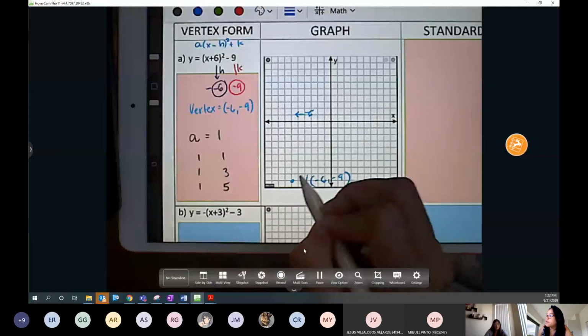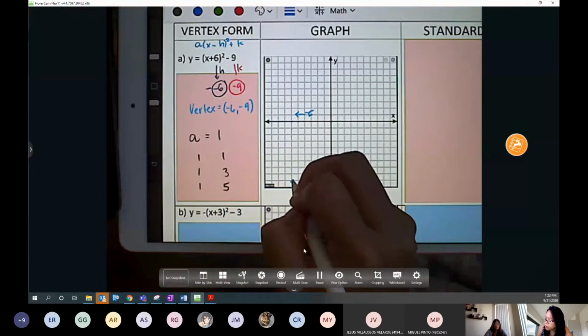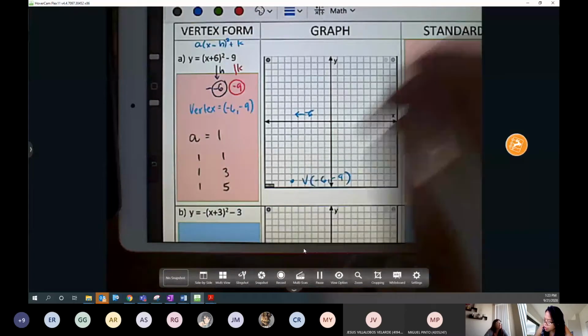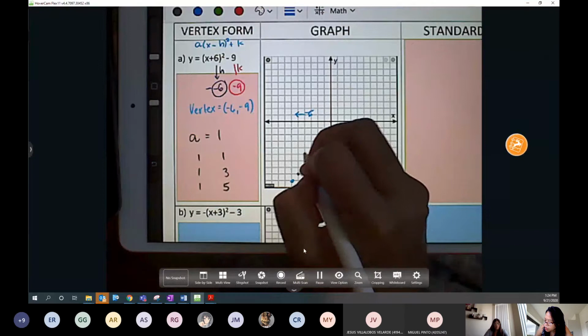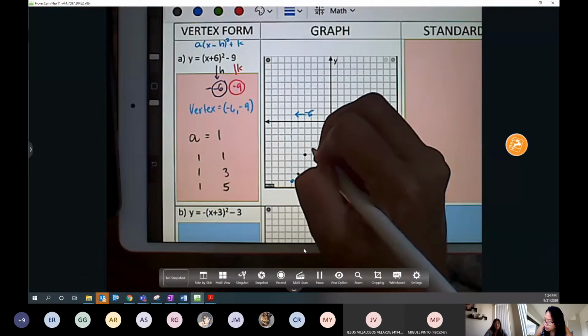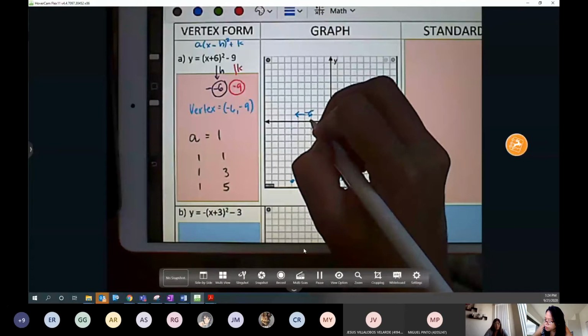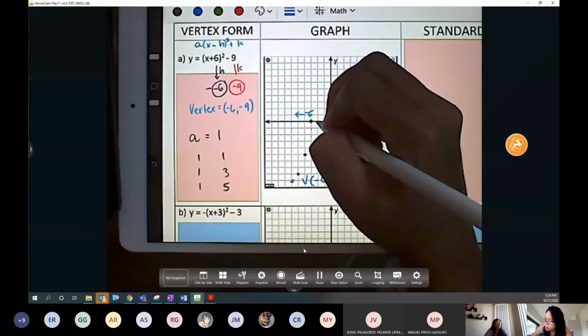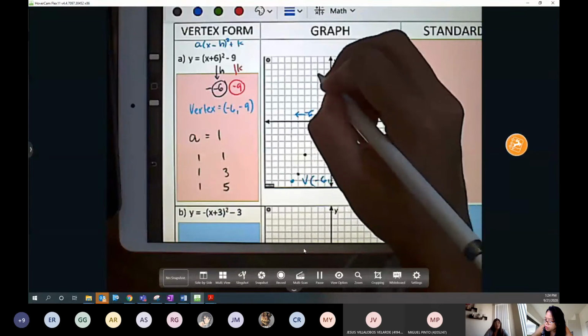All right, so from the vertex, we move one to the side and one up. Another 1 to the side and 3 up. So 1, 2, 3. 1 to the side and 5 up. So 1, 2, 3, 4, 5. And if we have more space, we can continue 1 to the side. After 5 would be 7. 1, 2, 3, 4, 5, 6, 7.